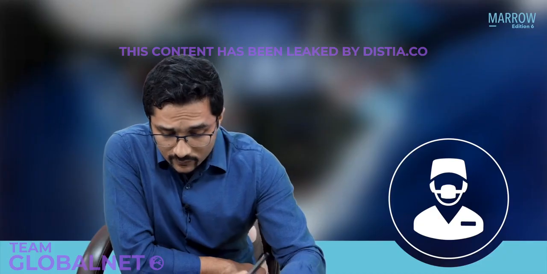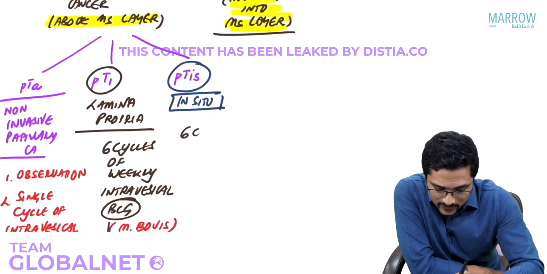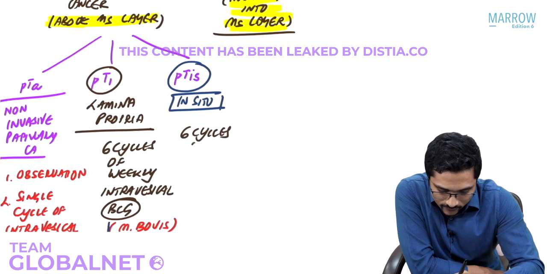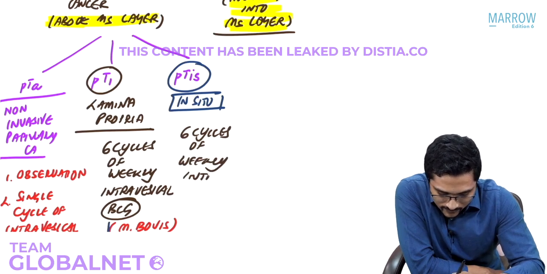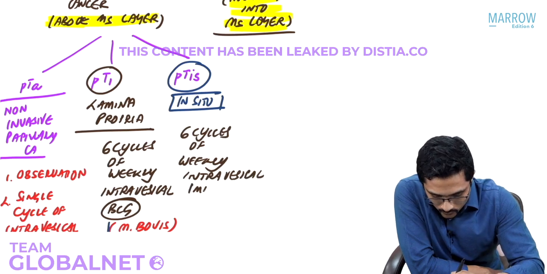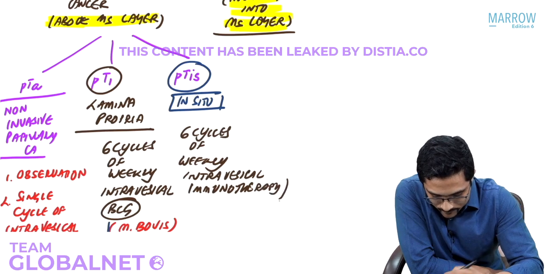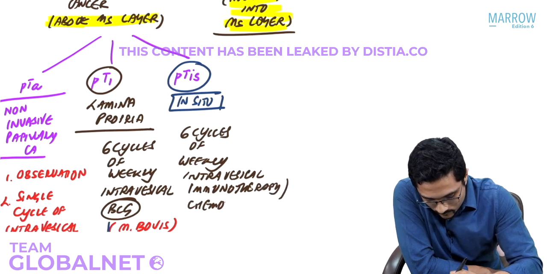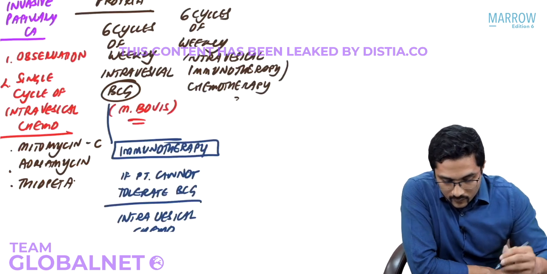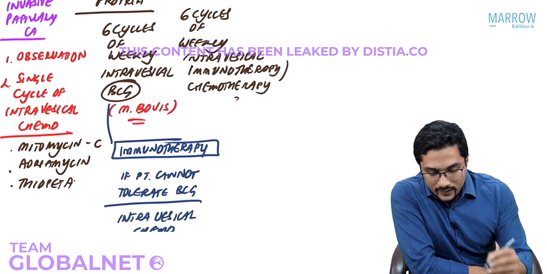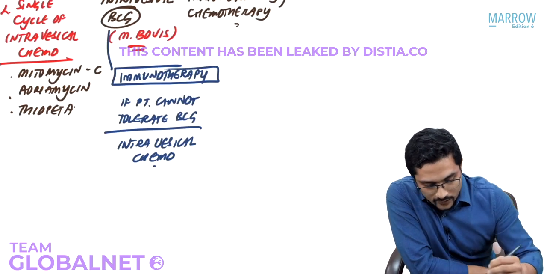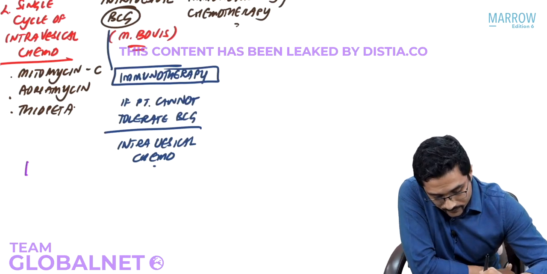So, in such a case also the patient gets 6 cycles of weekly intravesical immunotherapy or chemotherapy is given to these patients.